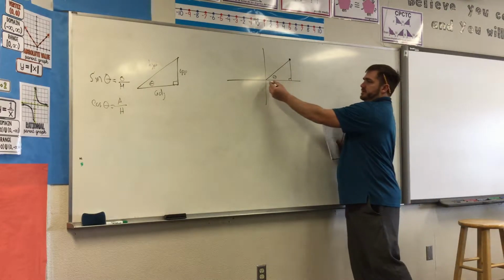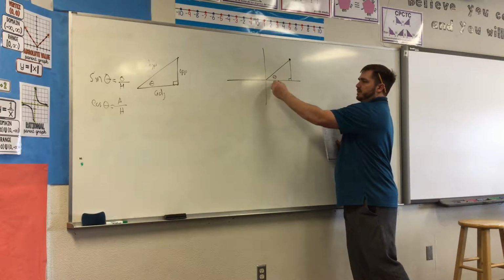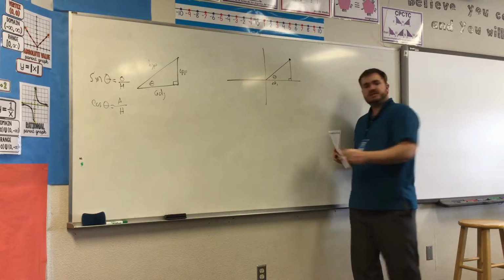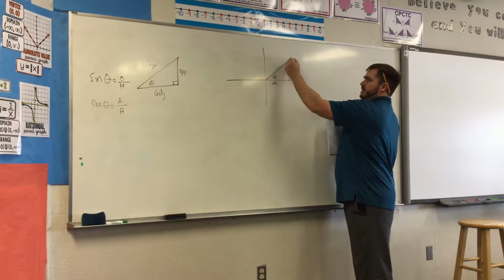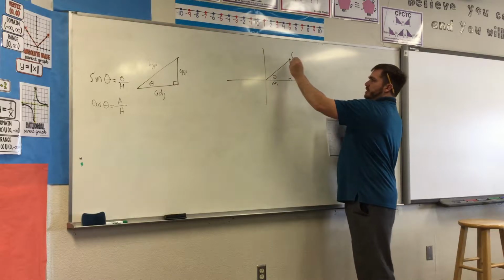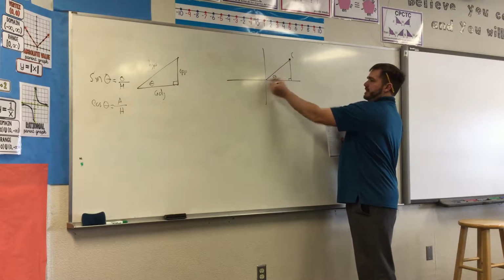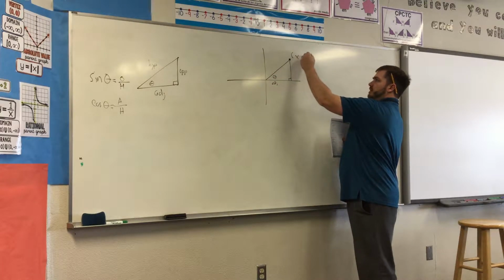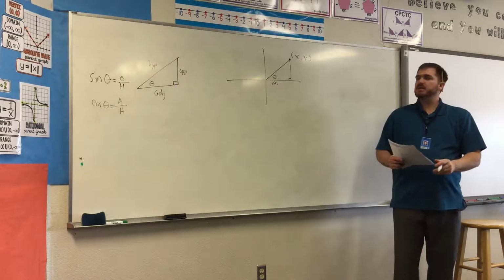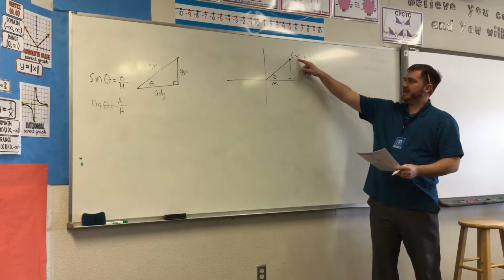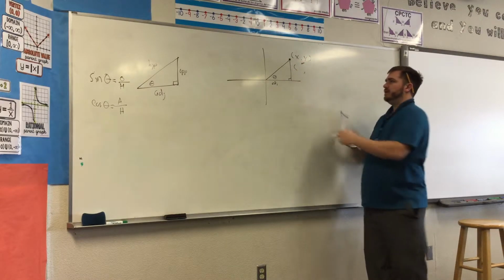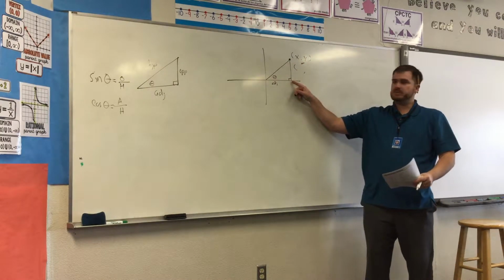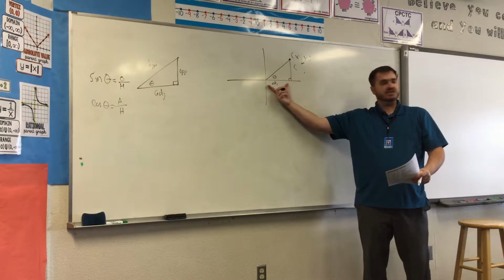If you think about what we've been calling the adjacent side, in terms of this coordinate right here, this point up here has an x and a y coordinate. That x coordinate, however far you've kicked out this way, is that adjacent amount.